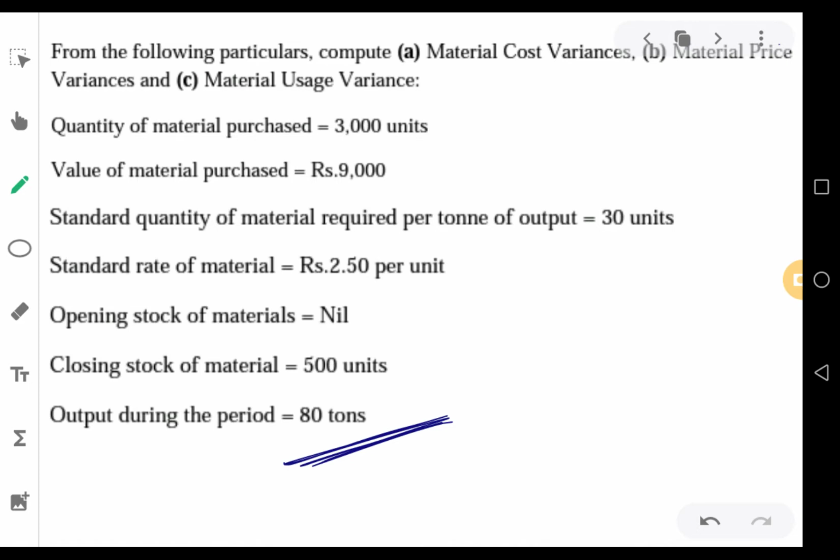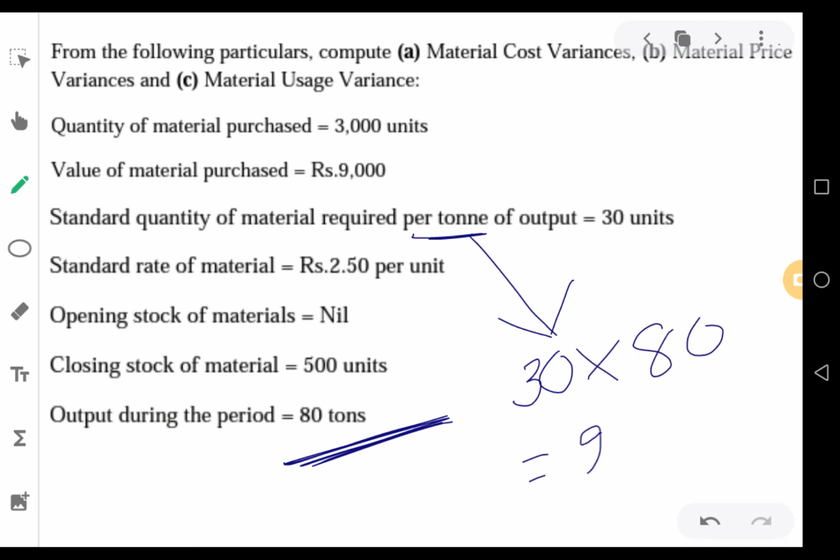So, standard quantity of materials is mentioned for 1 ton, but actual output is 80 tons. So, we have to calculate the standard quantity of materials required to manufacture 80 tons. It's very simple. 30 units per 1 ton into the number of tons, 80 tons, that comes to 2400 units.